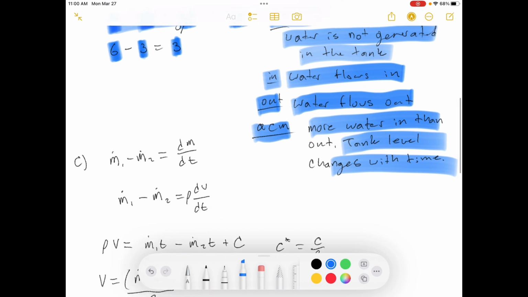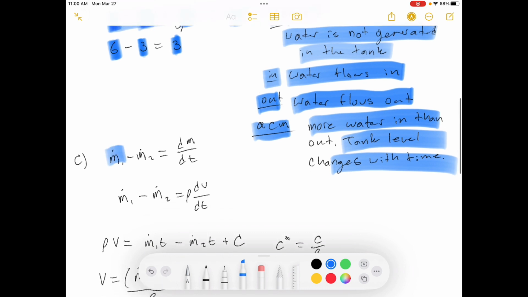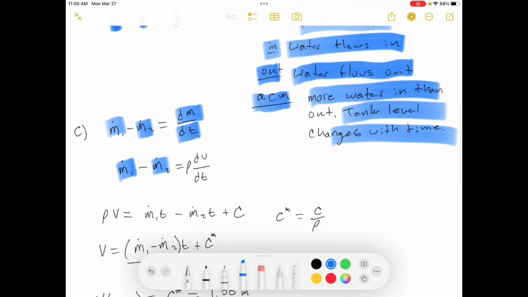Okay, so let's write down our mass balance. We have mass going in minus mass going out equals our change in mass with time. Let's say that the density of the water is not changing with time, so we can pull the density out of this density times volume equation because it doesn't depend on time. Now we have a volume change with time. How much water volume there is in the tank, how does that change with time?